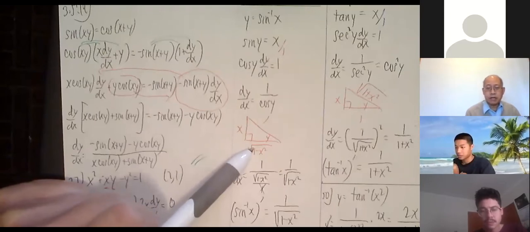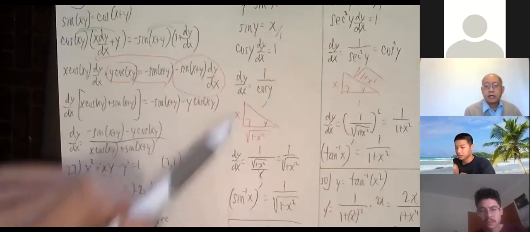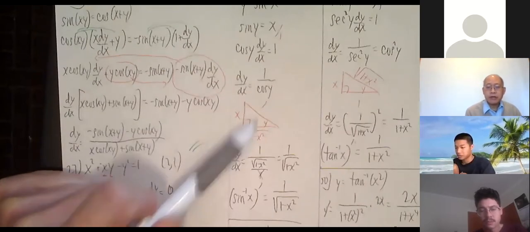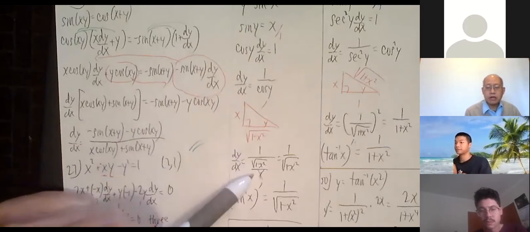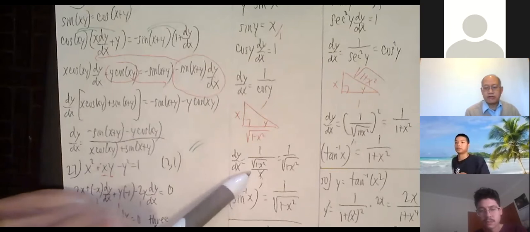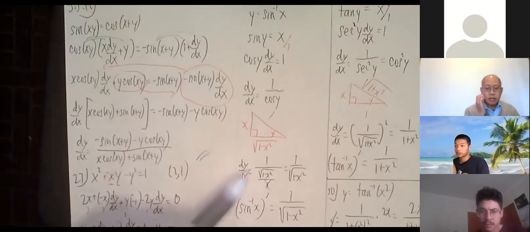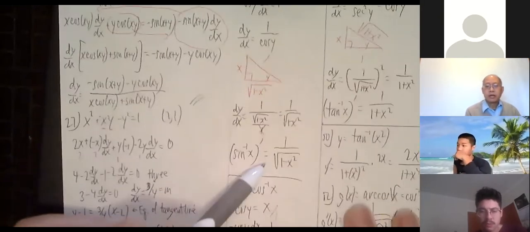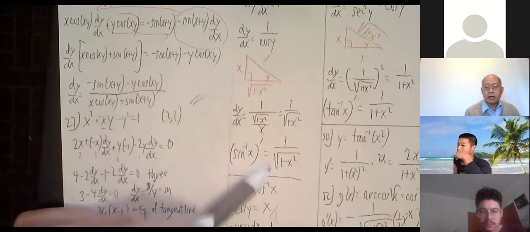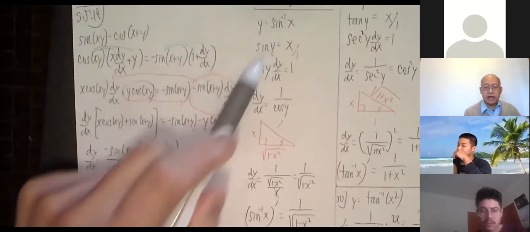So 1 divided by the cosine of y. Cosine is adjacent over hypotenuse, so it's radical 1 minus x squared divided by 1, which is just radical 1 minus x squared. Okay, so there it is. I've shown that the derivative of inverse sine is 1 over radical 1 minus x squared. You can put that in your next cheat sheet. You might say, I don't follow anything you did over here.